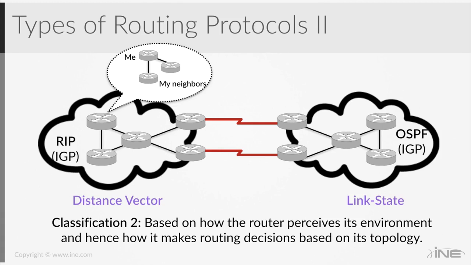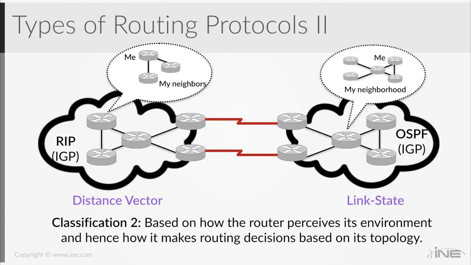Now, how can that be different? Well, OSPF. Take OSPF for example. The router, in this case the router at the center, considers itself, and it considers each and every router running OSPF in the topology as part of its neighborhood. It is conscious of each and every router that comprises its neighborhood.